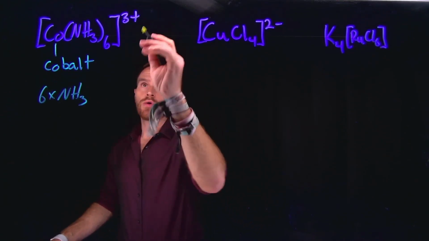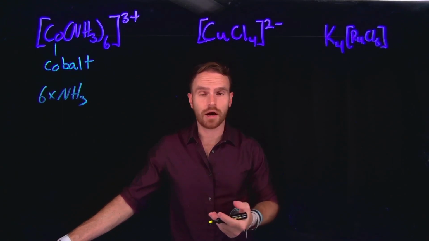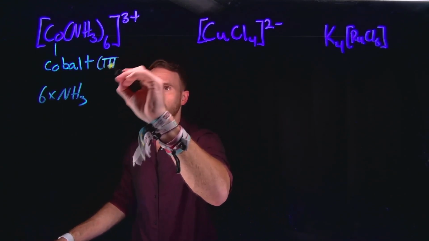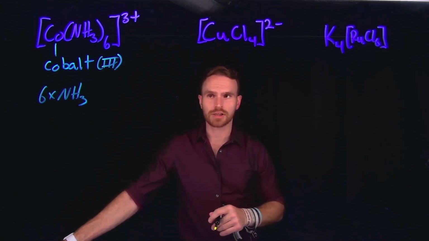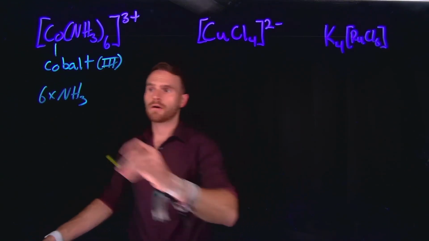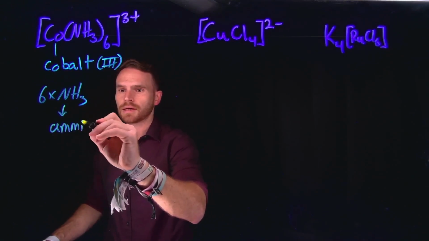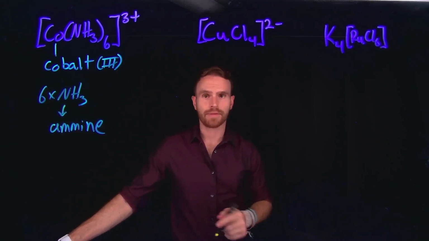I know that the overall charge has to be 3+, and since the amine ligand is neutral, that means that cobalt has to be in the 3+ charge. So as a Roman numeral, I'm going to have my 3 indicating the 3+ oxidation state of cobalt. And from there, all I need to remember is that NH3 is the amine ligand. And now I can actually solve for this problem and name this compound.